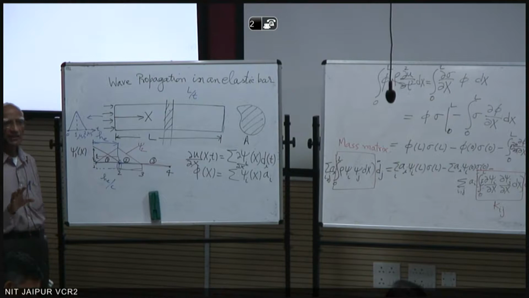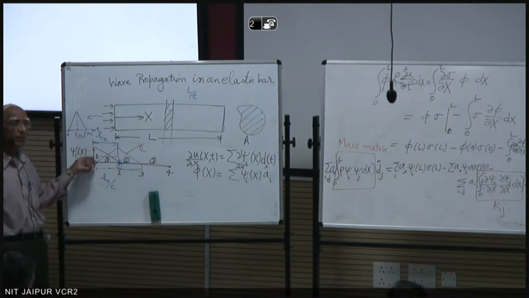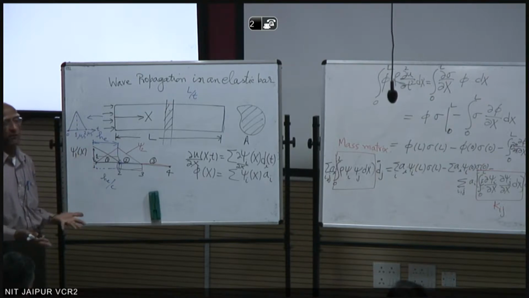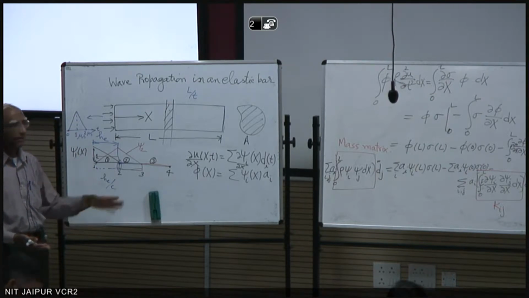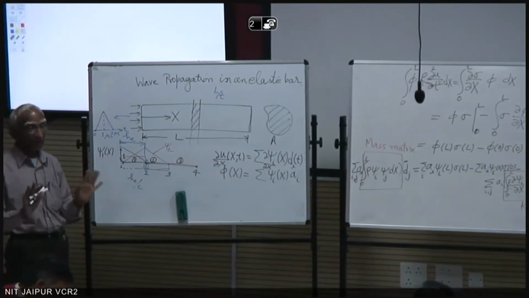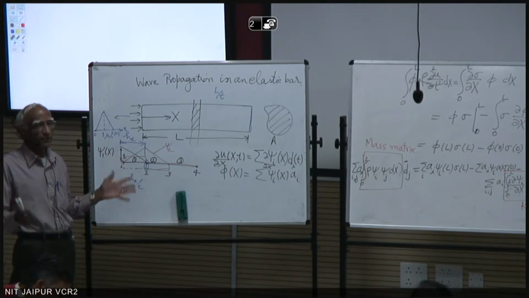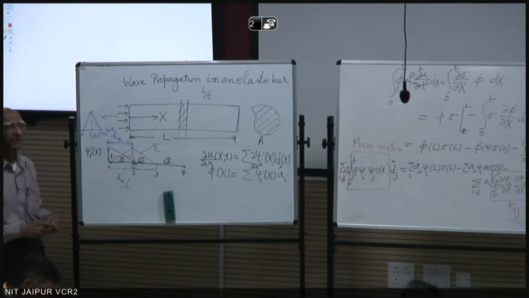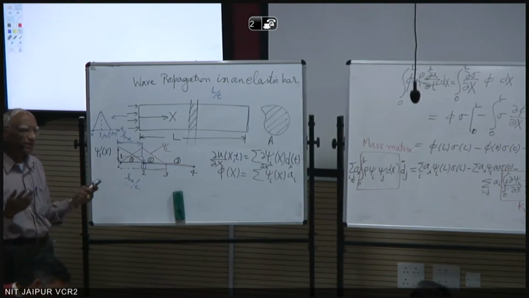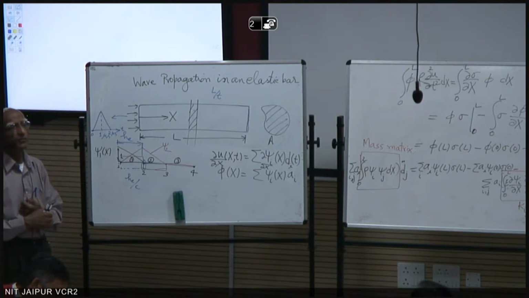So the challenge in numerical work is for this triangular wave shape to be maintained as a triangular wave shape. That's what the analytical solution gives, but the numerical solution does not do that. That's a fact of life, and people have spent years and years to figure out algorithms that will preserve the shape of this wave.